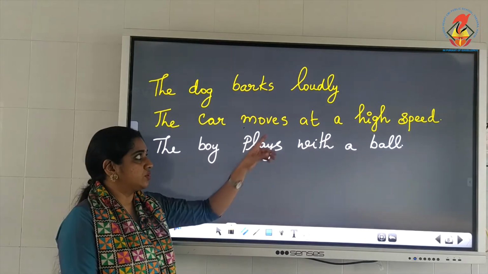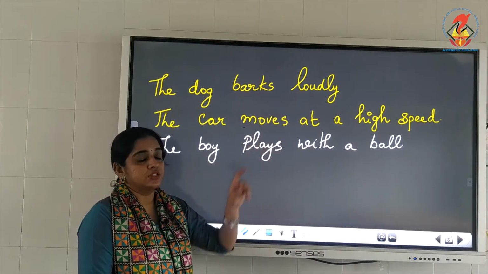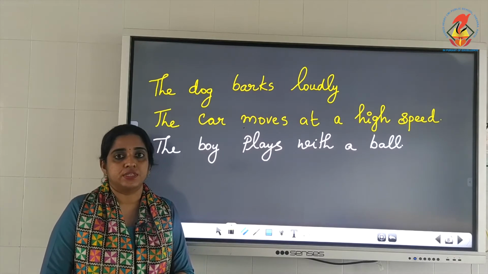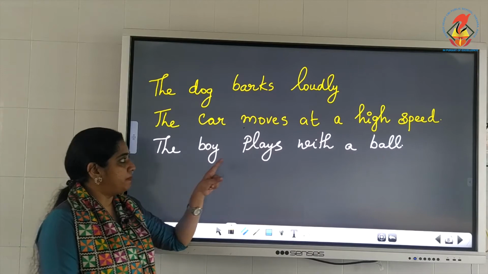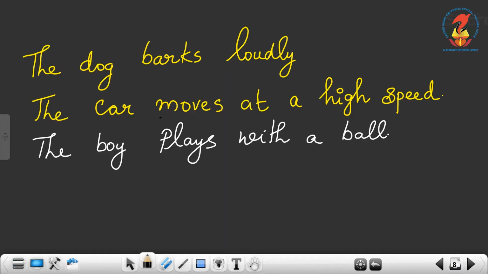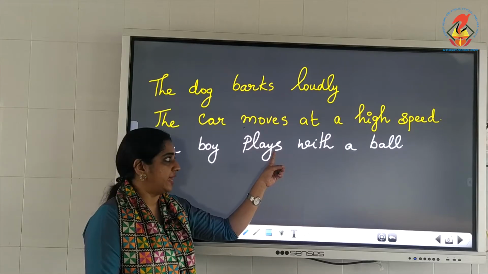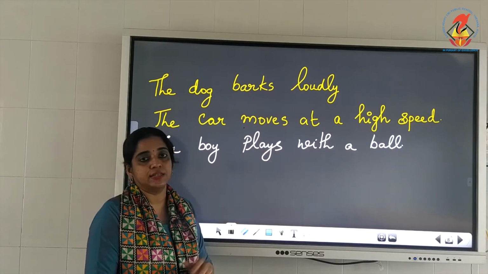So I used one s with the verb, the singular form of the verb. The boy plays with a ball. Why did I use the word plays here? Because the boy is singular. So I used the singular form of the verb, that is verb with s, plays.